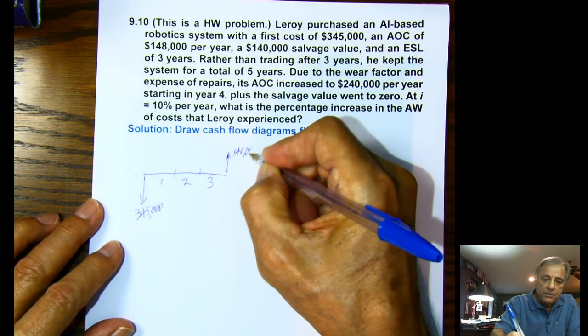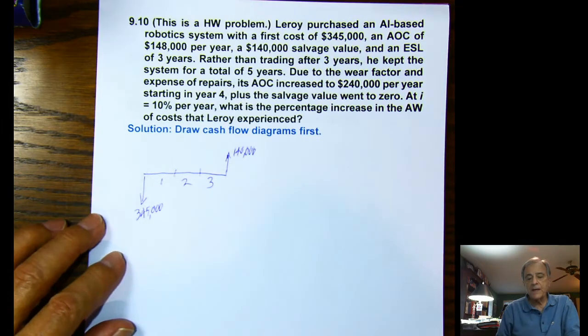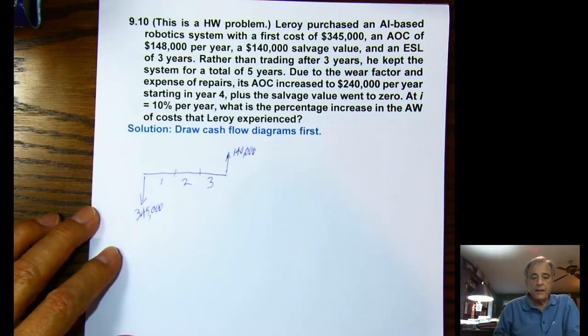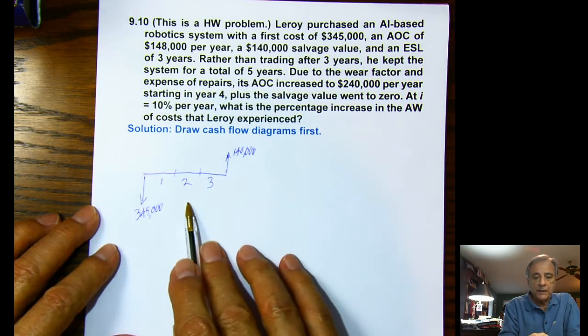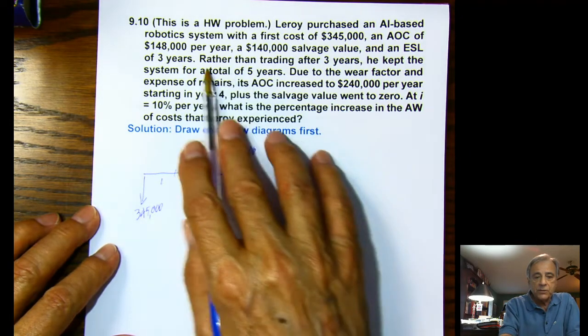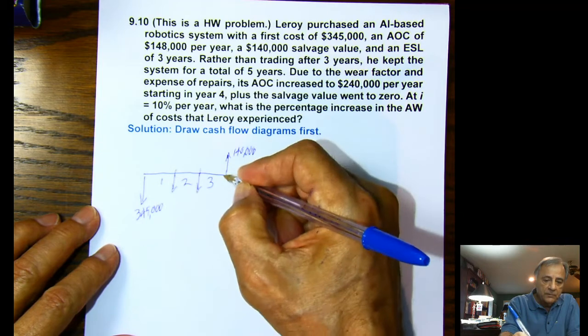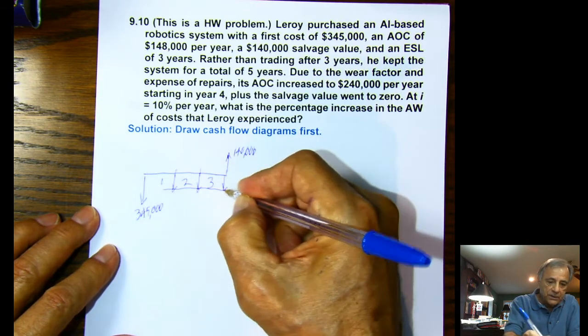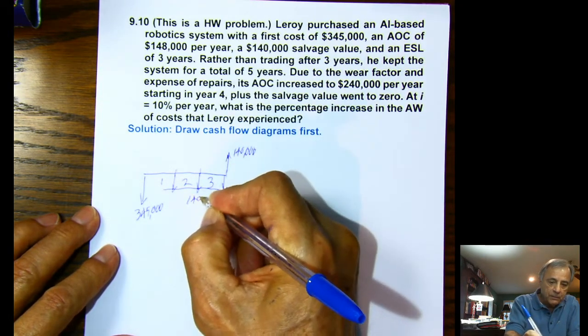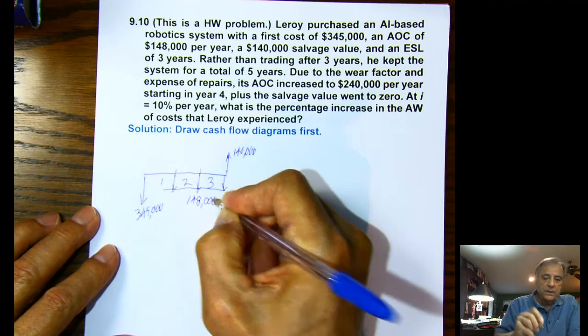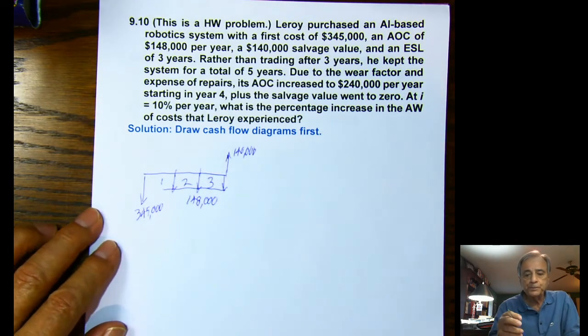Those two are the components of the annual cost of capital recovery. And then we will have operating costs of $148,000 per year, which is a uniform series. So that's the cash flow.